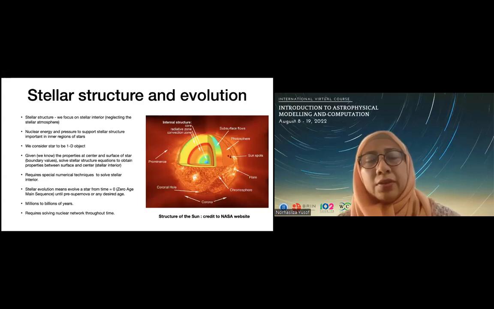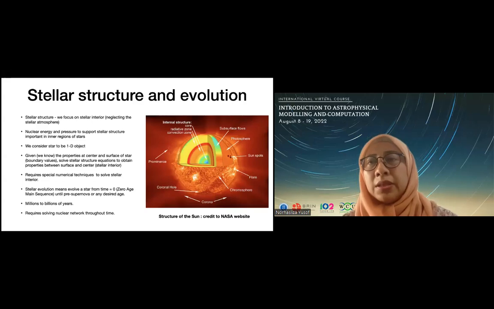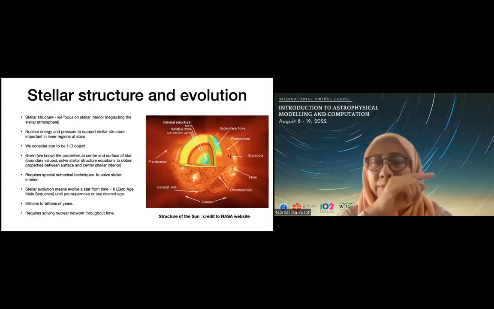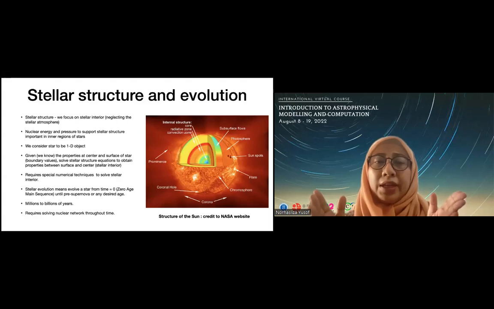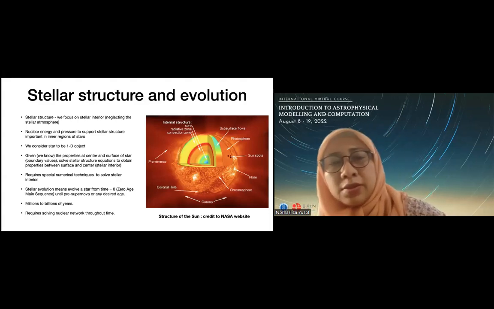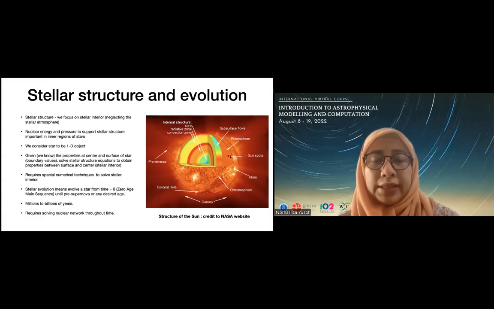In order to solve the stellar structure equations, we need to obtain the values between the surface and the center. From each numerical calculation, for example, the radius or mass will move with certain coordinates. These are the properties that we have to know in order to understand the inner core of our stellar interior.